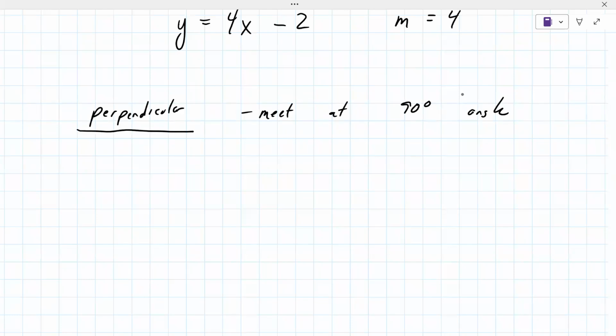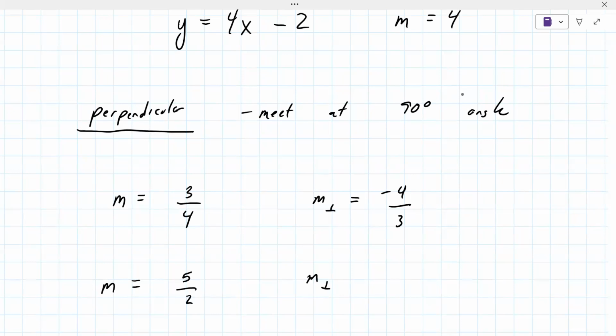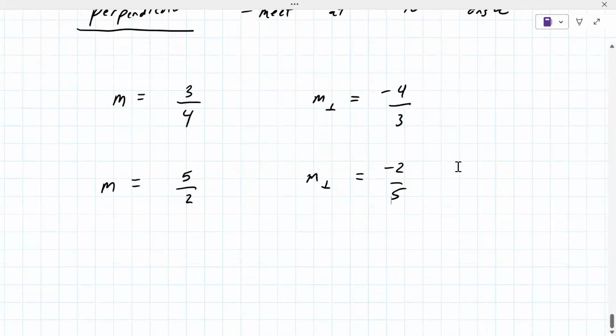So the first thing is that I'm going to give you a slope, and then I'm going to give you the perpendicular slope. The perpendicular slope to this is -4/3. I'll give you another slope here, 5/2. The perpendicular slope, that little line means perpendicular, is -2/5. Give you another one here.